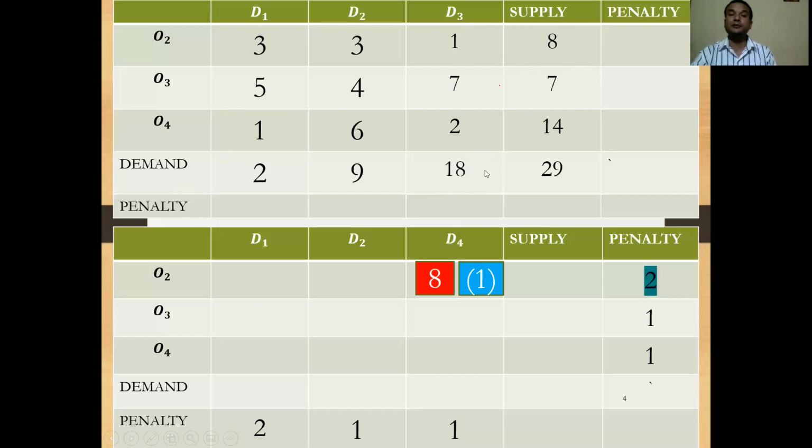After giving 8 items, out of 18, 8 items are already distributed, and all items from origin 2 are distributed. Therefore, this becomes 0, and this becomes 10. So there is no supply availability, but the requirement in destination 3 is left as 10. So we proceed to the next slide again.